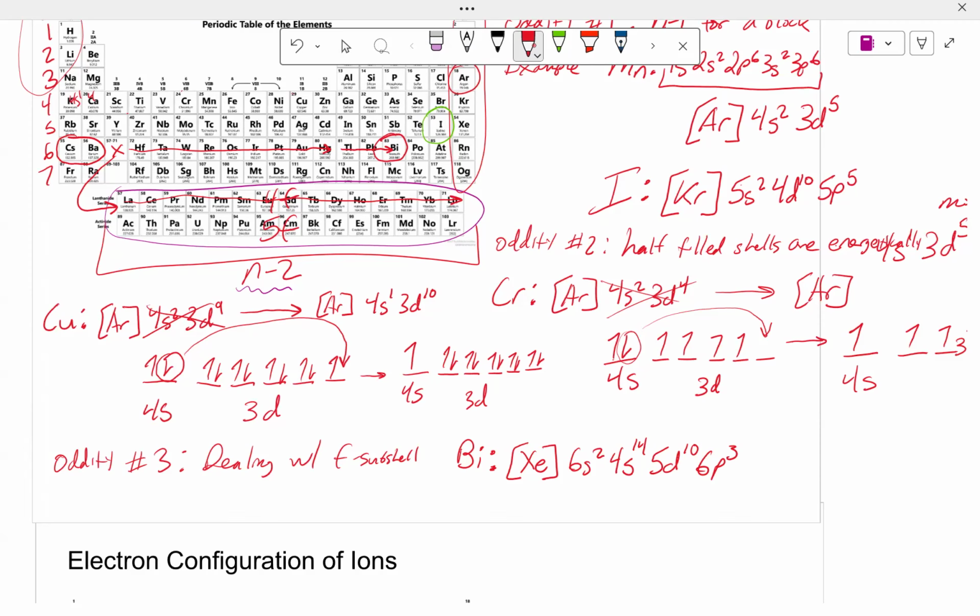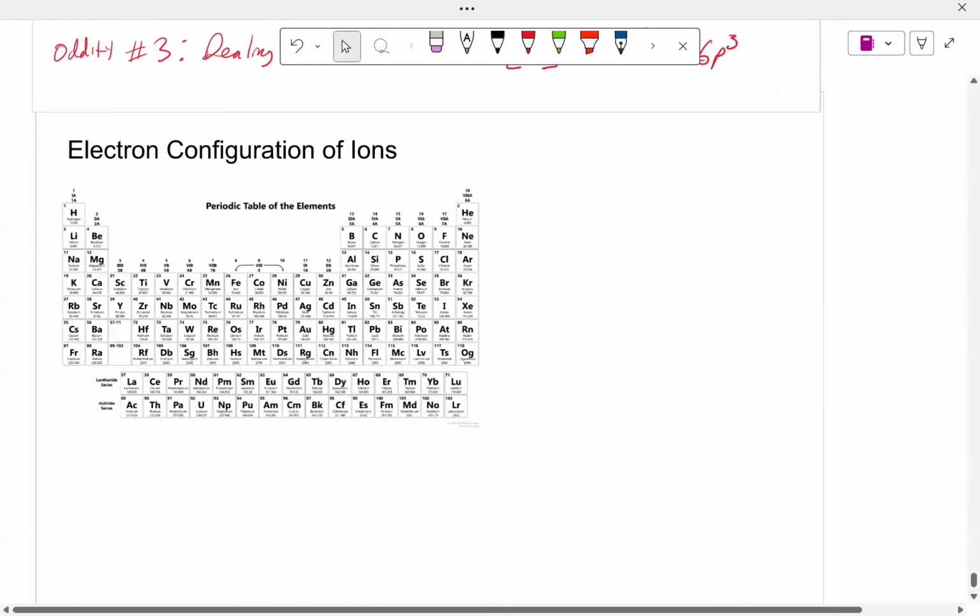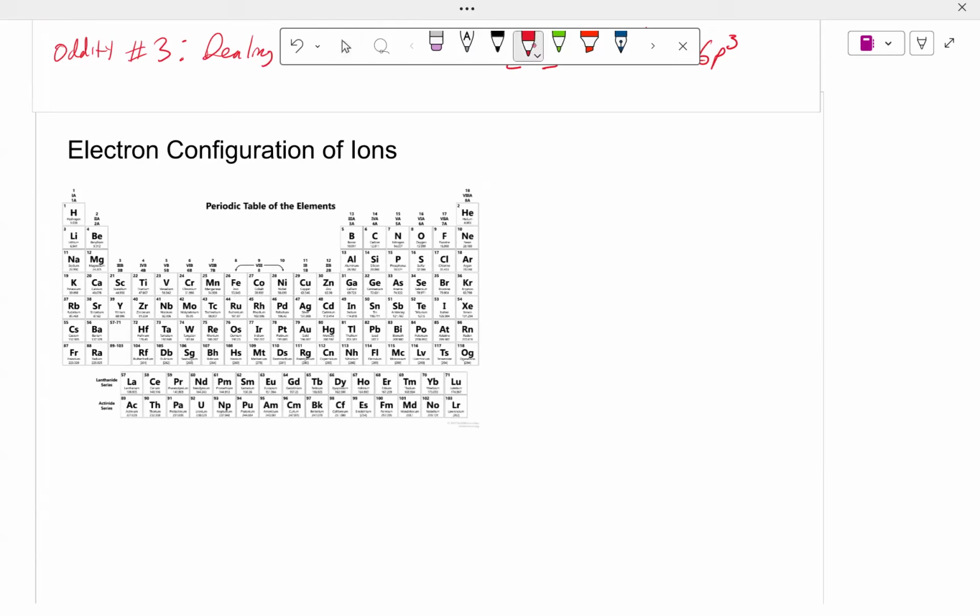Now, finally, let's talk about the electron configuration of ions. This process is exactly the same as it was for neutral atoms. The only thing we're doing is just adding or subtracting electrons. So let's take oxygen with a -2 charge.